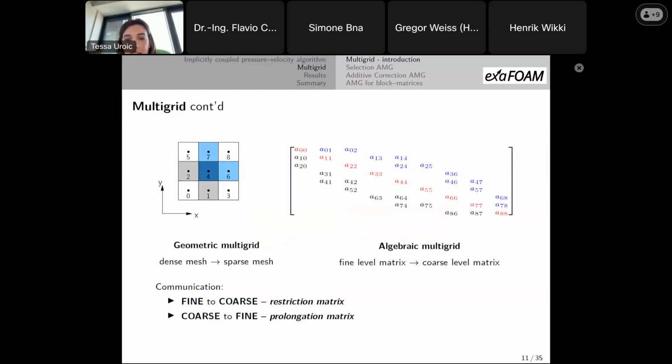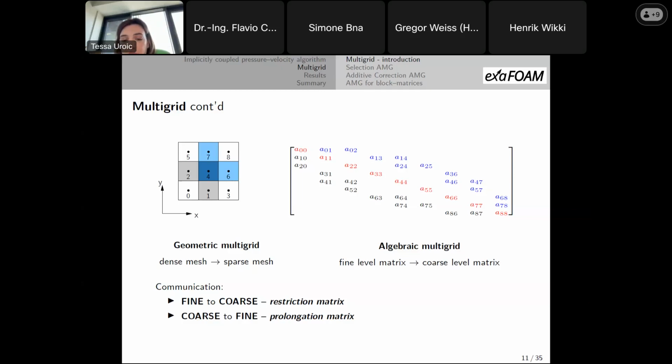Thanks. So in algebraic multigrid, the idea is to create several coarse level linear systems where your basic iterative procedures will become efficient again. The question that needs to be answered very efficiently is how the communication between fine problems, so high dimensional problems, and low dimensional problems will be done.